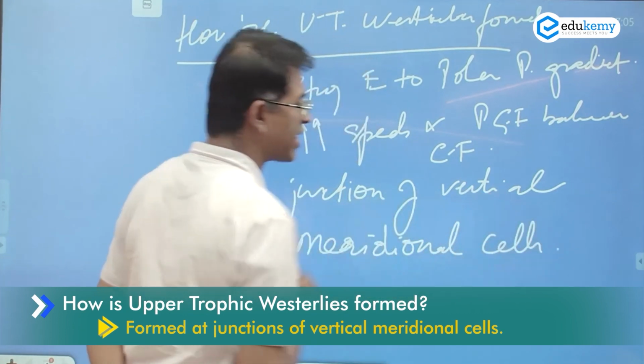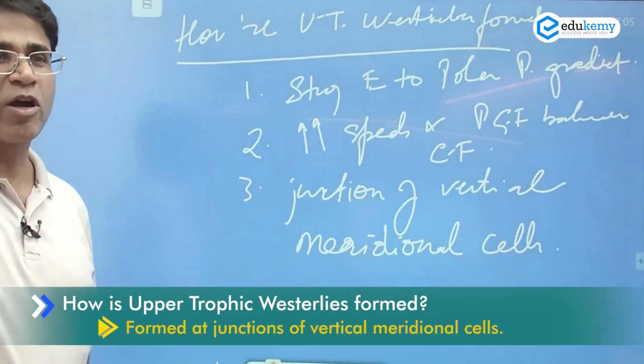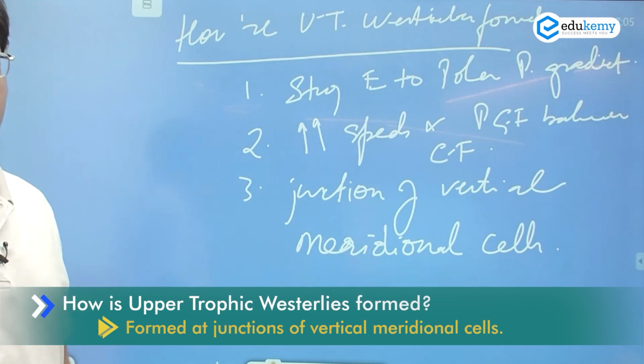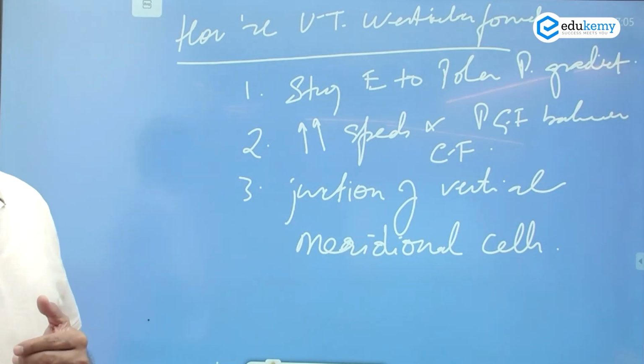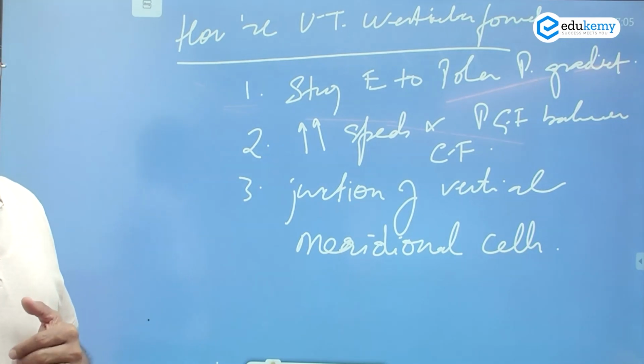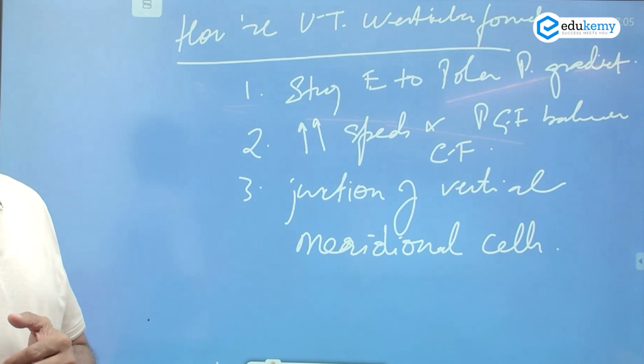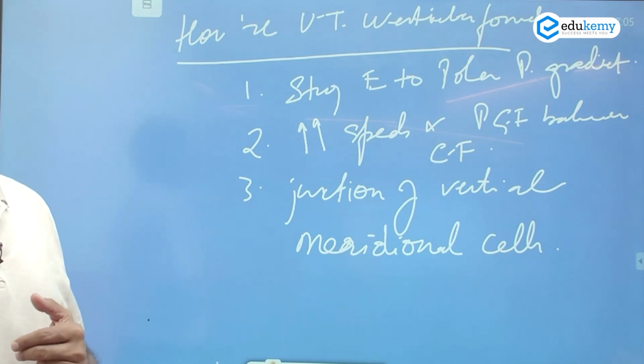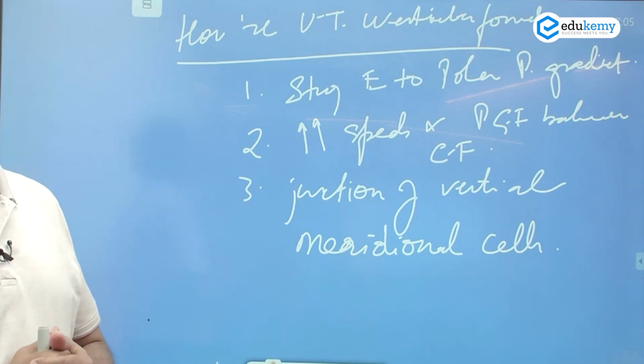I presume you understand this. They are because of the strong equator to poles pressure gradient. They are high speed winds where the pressure gradient balances the Coriolis force. And third is at the junctions of the vertical meridional cells.